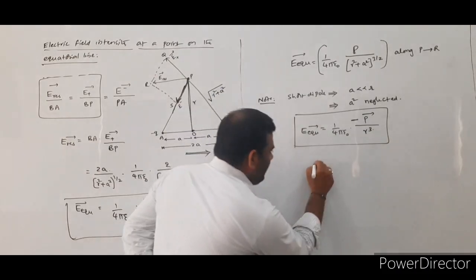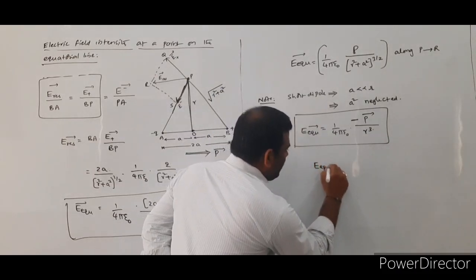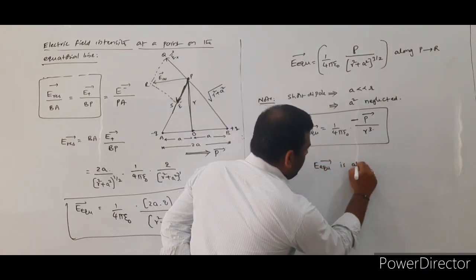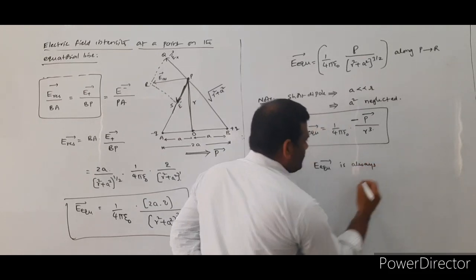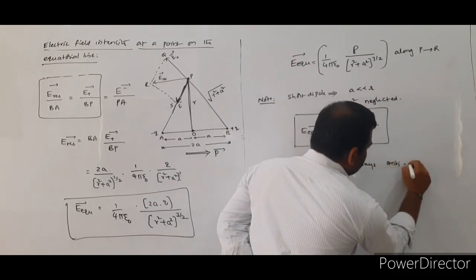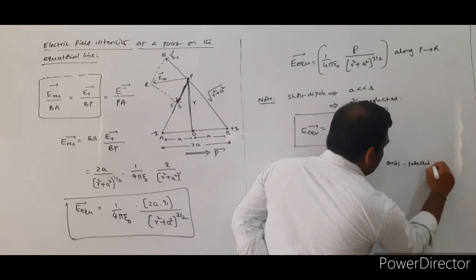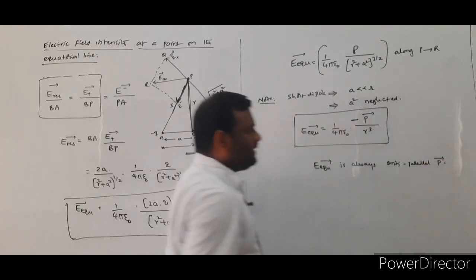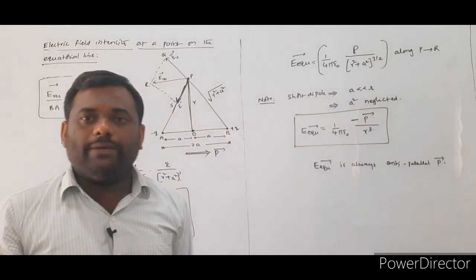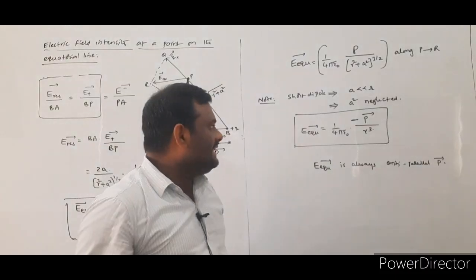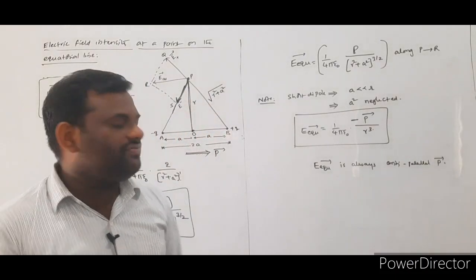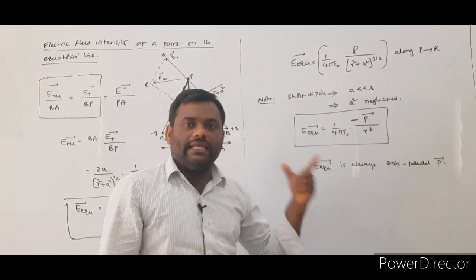So we will write that E equatorial line is always anti-parallel to the P bar. What is the P bar? Electrical dipole moment vector.